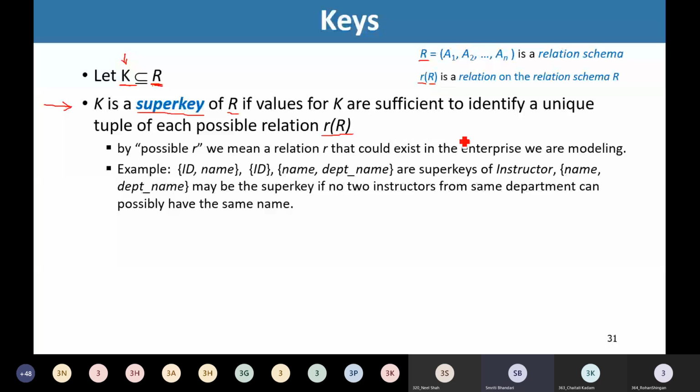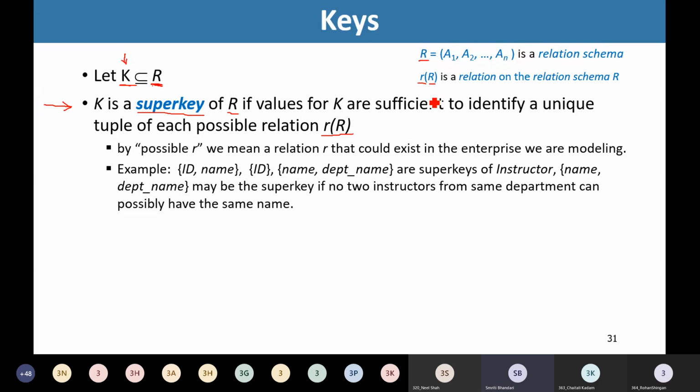So we are talking about all such possible instances of my relation, right? So what is a super key? A super key is the attribute or set of attributes, denoted here as K, such that the values for K are sufficient to identify a unique tuple of each possible instance of the relation.